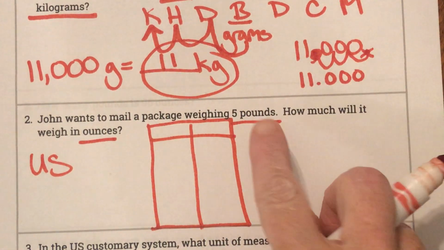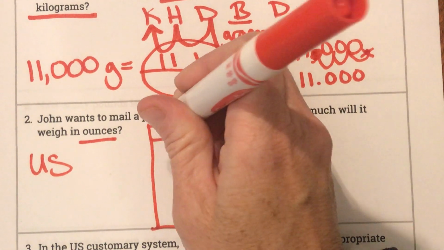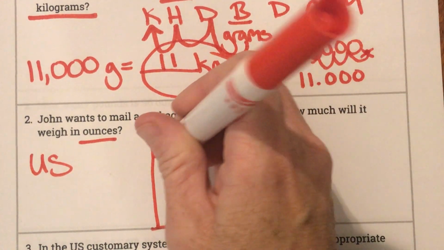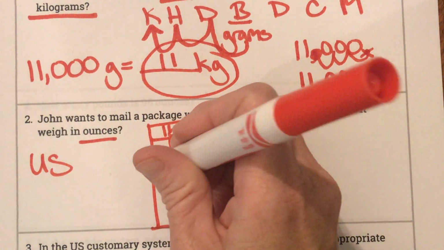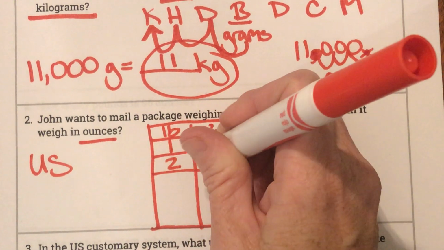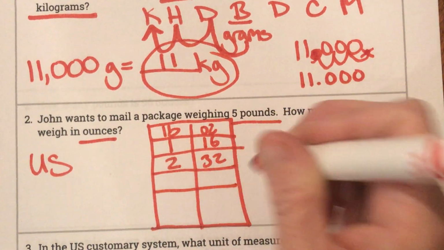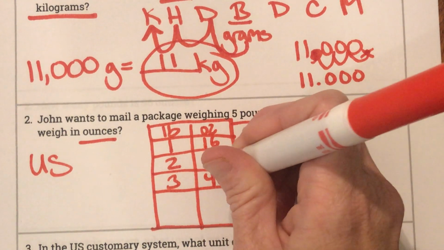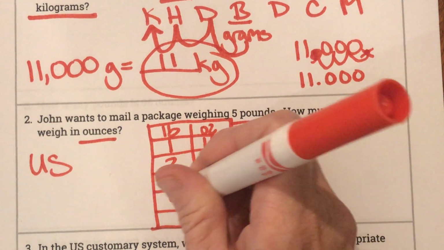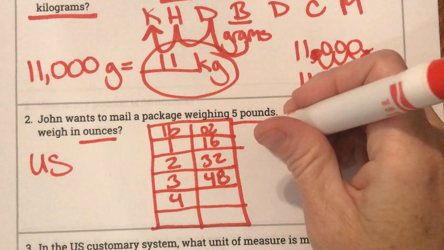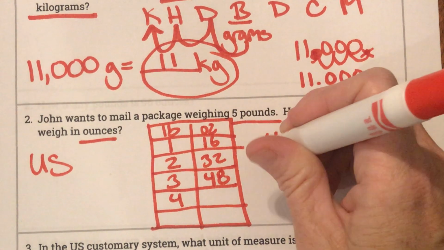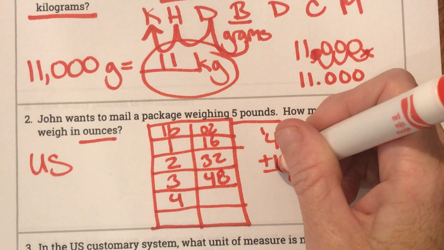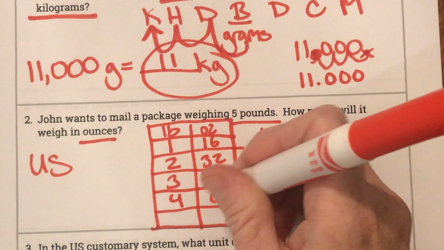And my conversion chart is going to be pounds and ounces. So I'm going to use the abbreviations LB and OZ. Well, 1 pound is 16 ounces. 2 pounds is 32 ounces because I'm just adding 16. 3 pounds is 48 ounces. 4 pounds, if I can't do that in my head, I could come over here and add. 8 plus 6 is 14. 4 plus 1 is 5, plus 1 more is 64.